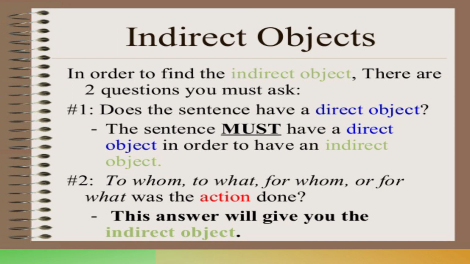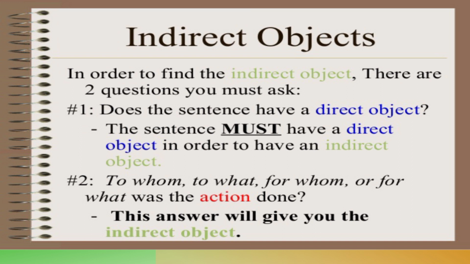The next one we will see is indirect objects. In order to find the indirect object, there are two questions you must ask to the sentence. Let us see what those two questions are. The first one: does the sentence have a direct object?